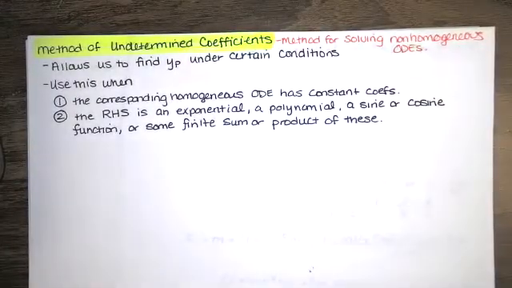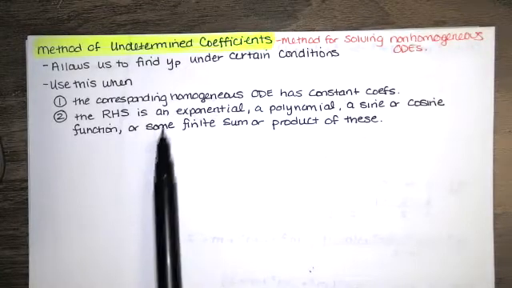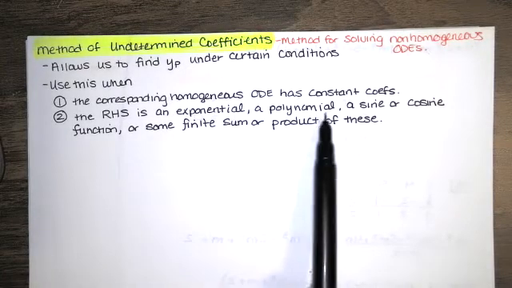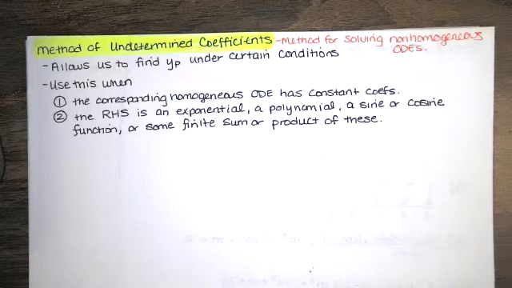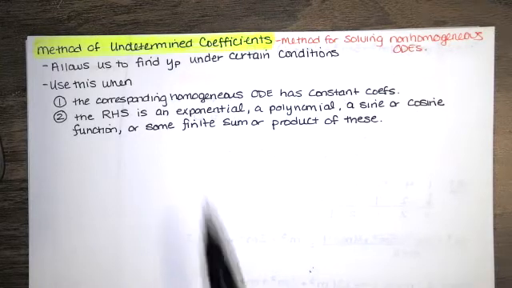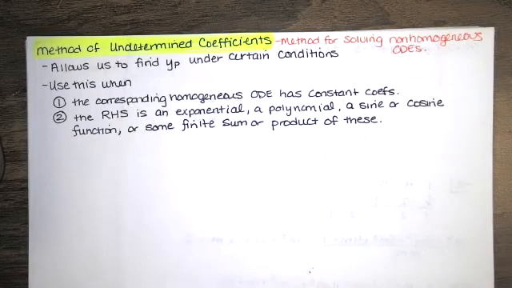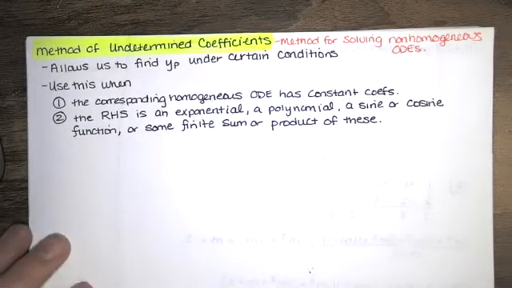Basically, the idea is that if the right-hand side is an exponential, a polynomial, or a sine and or cosine function, or a sum or product of those, then we're going to guess that y sub p, that's the form of the particular solution, has the same form as that right-hand side.